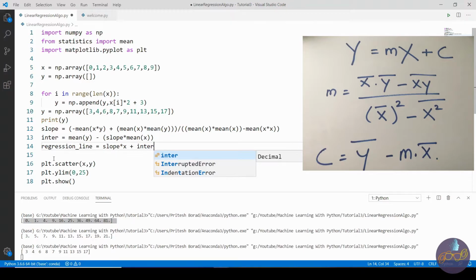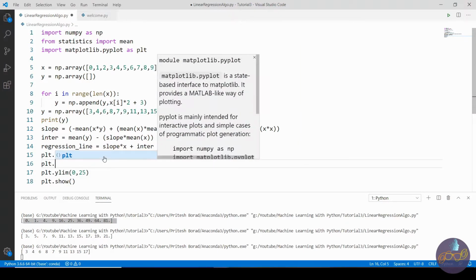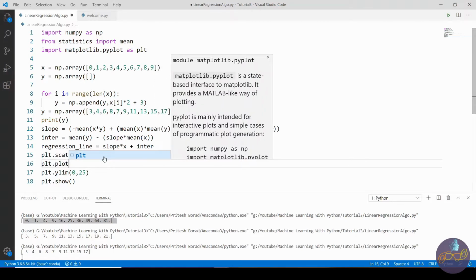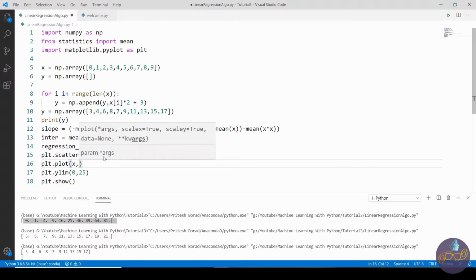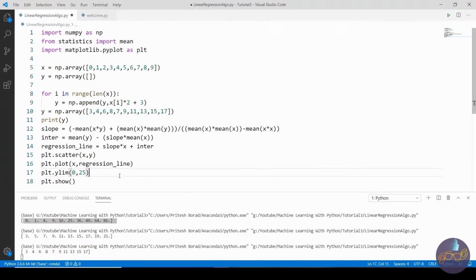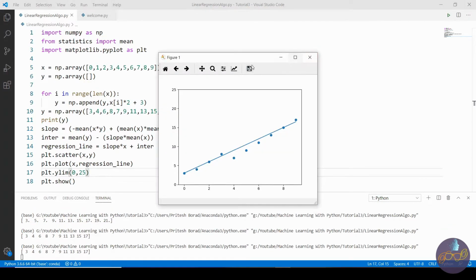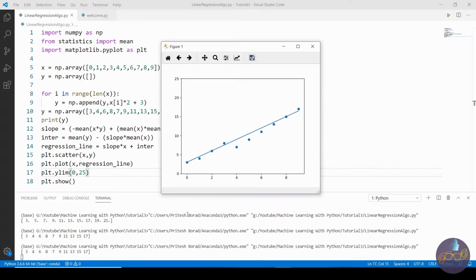Okay, now let's plot the regression line. So write here plt.plot x and regression line. That's it. Let's run the code. So this is the best fitted line.